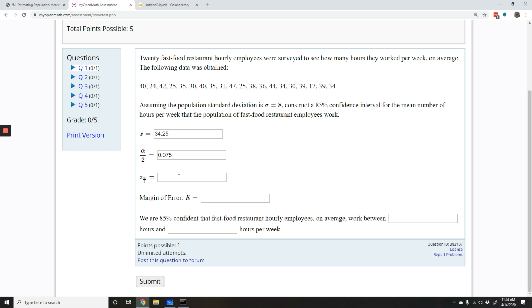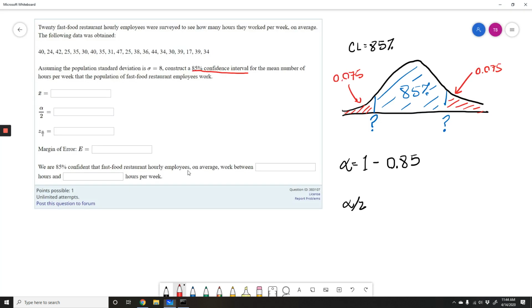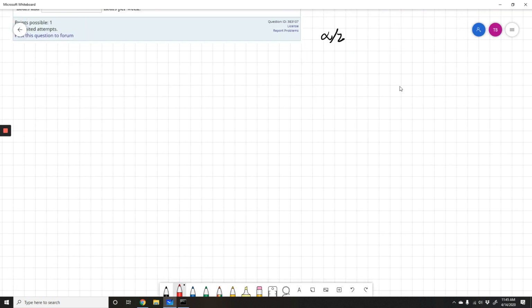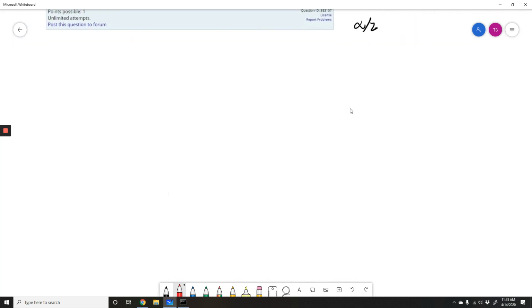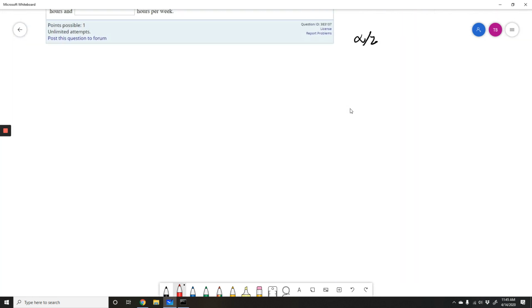Now we want to find z alpha over 2. z alpha over 2 is going to be the z-score such that I have alpha over 2 area to the right of it. So this is z alpha over 2.